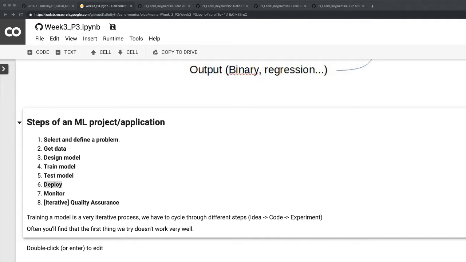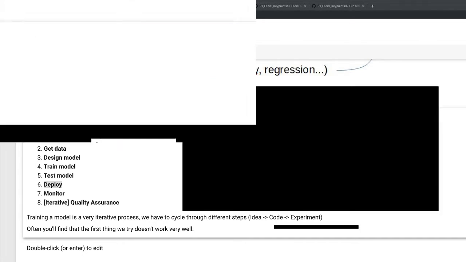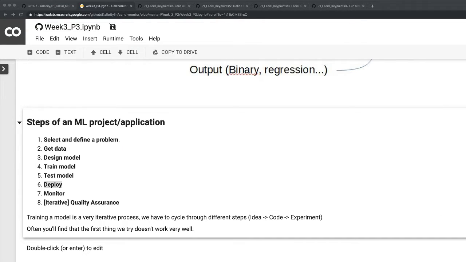Okay, so moving on, another step is monitoring, constantly monitoring our data. This quality assurance actually goes from testing the model all the way to monitoring over and over again. People from programming backgrounds, you're basically familiar with quality assurance. And basically, training your model is a very iterative process.